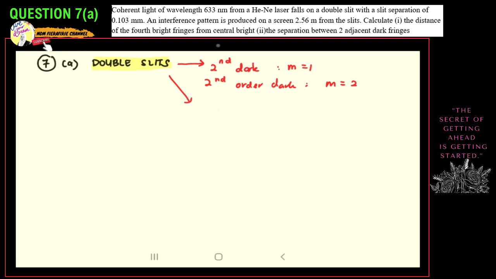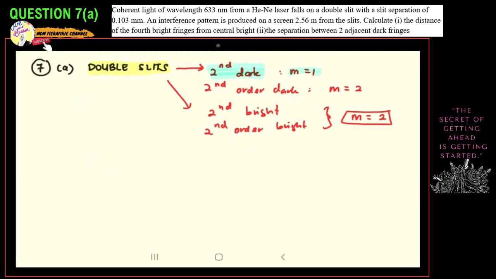Okay, but for bright, kalau bright tak apa, tak kisah. Second bright or second order bright, M is equal to 2. Okay, yang ni dia tak kisah. Cumanya bezanya adalah yang ini, second dark. Okay, jadi for second dark, for double slits, the number of order M mesti tolak 1 lah. Sebab second order dark, for double slit, M is equal to 1.